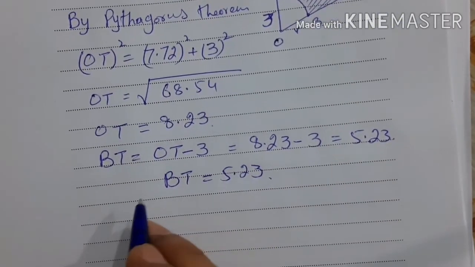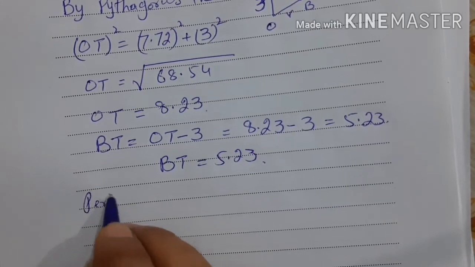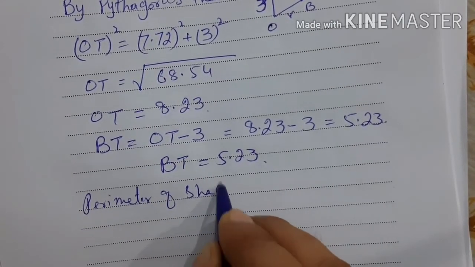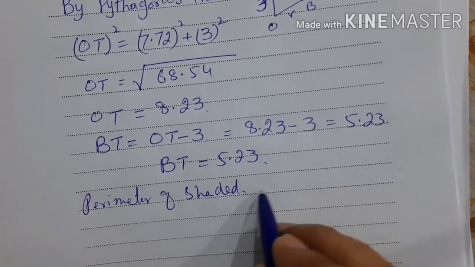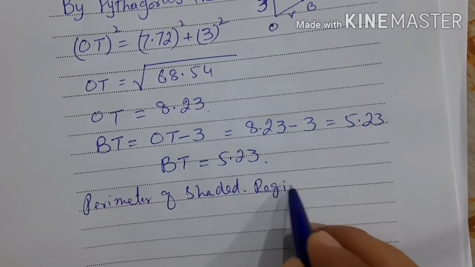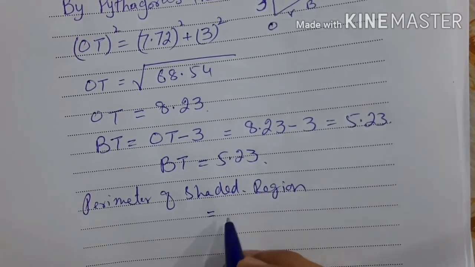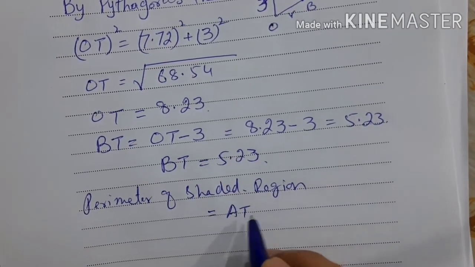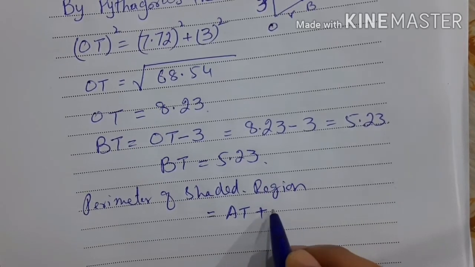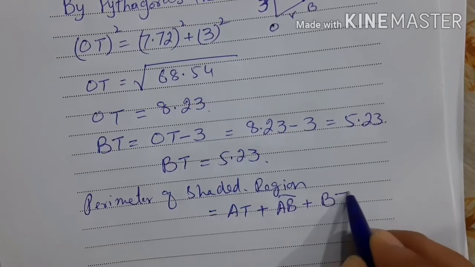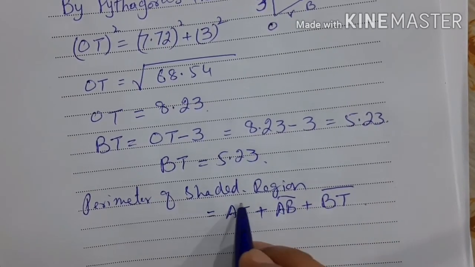Therefore, the perimeter of the shaded region is the sum of all three sides: AT plus AB arc plus BT line segment.